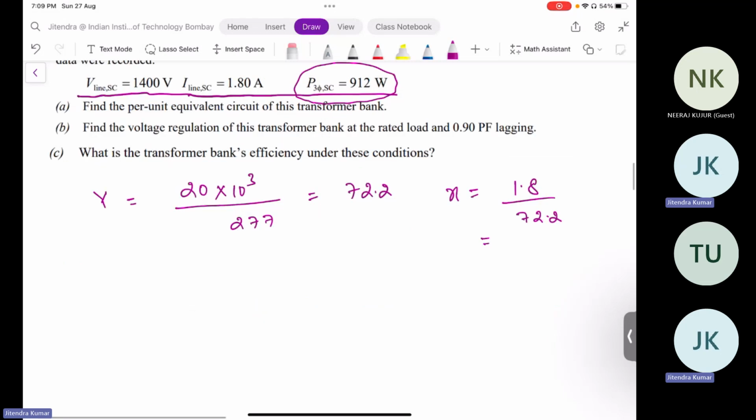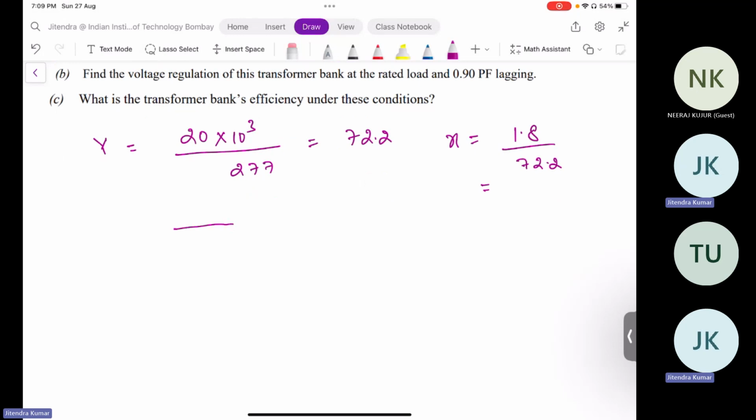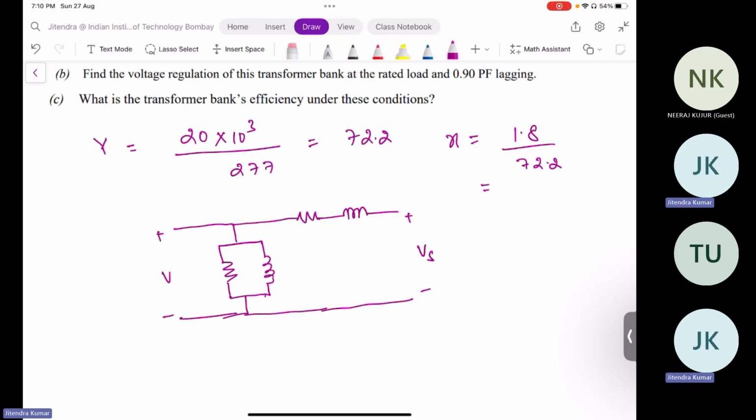This will look like what we have drawn earlier.